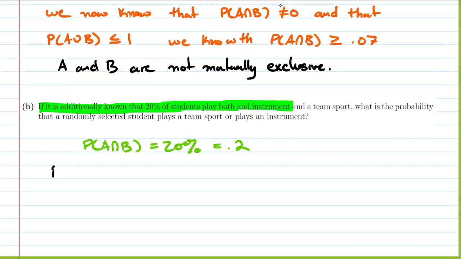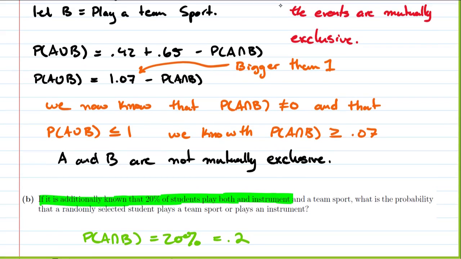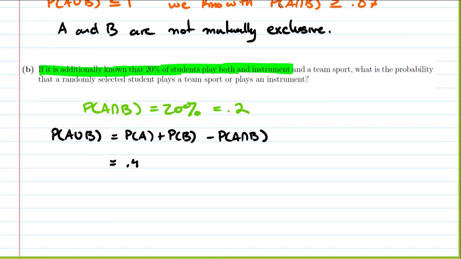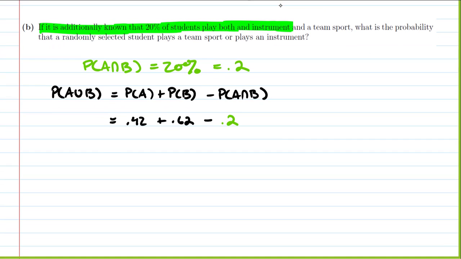Now we know that the probability of A union B is the probability of A plus the probability of B minus the probability of A intersect B. And we have all of those values, so we have 0.42 plus 0.65 minus the 0.2 in the intersection gives us 0.84.